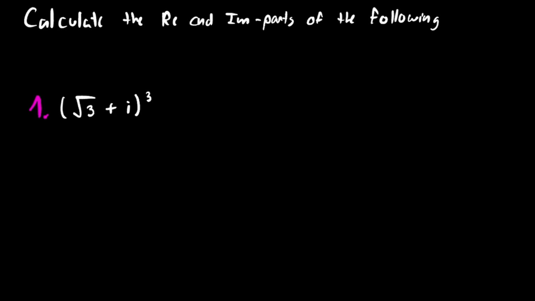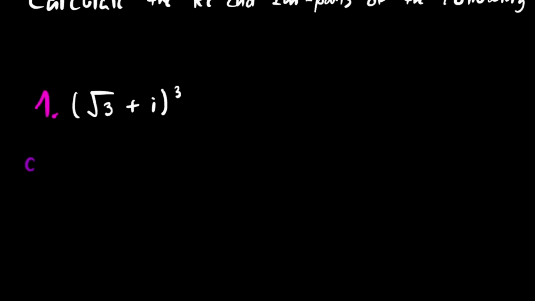So now we can simply take our formula here. We can take A cubed plus 3A squared B plus 3AB squared plus B cubed.